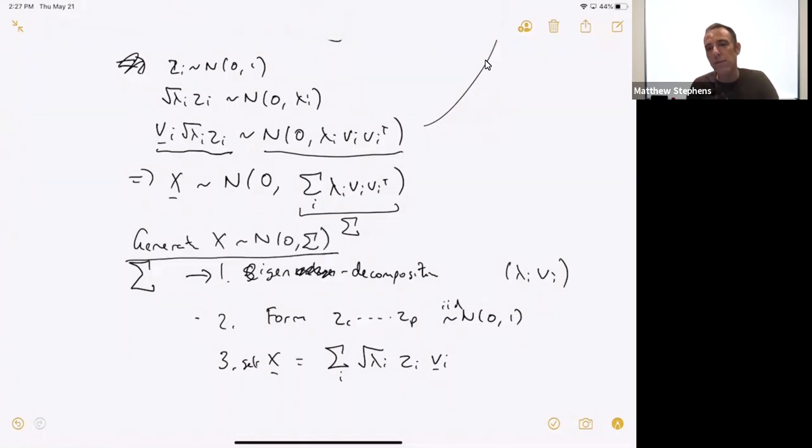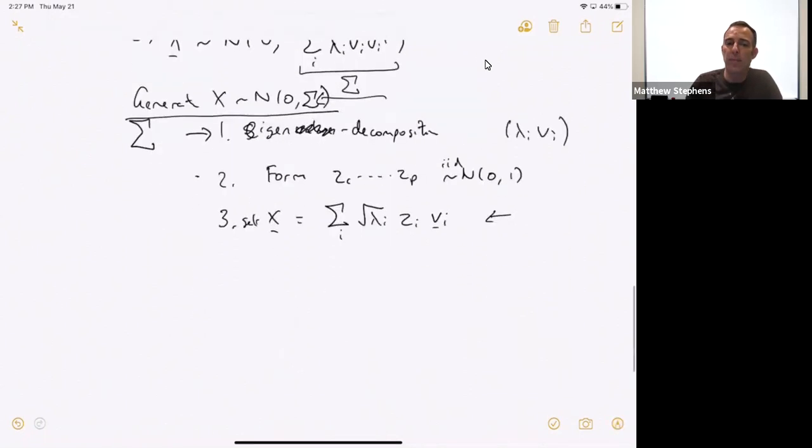This gives you some insights, especially if sigma here is low rank. Because if it's low rank, that means it has only a few non-zero eigenvalues, and so this representation is rather simple. So let's do the special case where sigma is rank 1. I'll give you an example of a sigma that's rank 1.